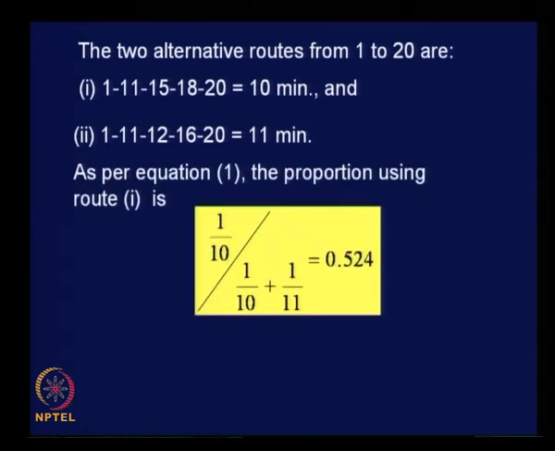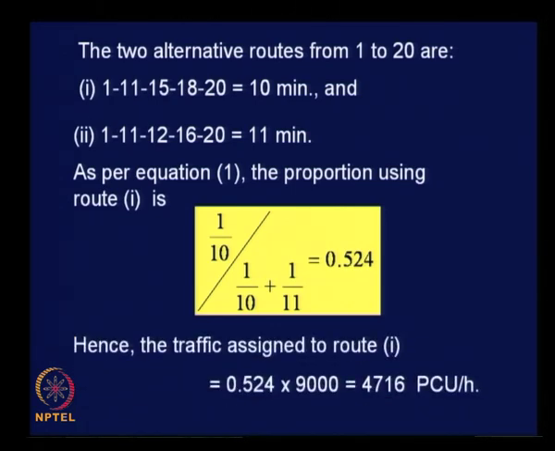As per the equation 1 that we have seen, the proportion using route 1 is 1 by 10, inverse of the travel time, divided by 1 by 10 plus 1 by 11, that is equal to 0.524, and the actual volume assigned to route 1 is 0.524 into the total traffic of 9000, and this works out to 4716 PCU per hour.